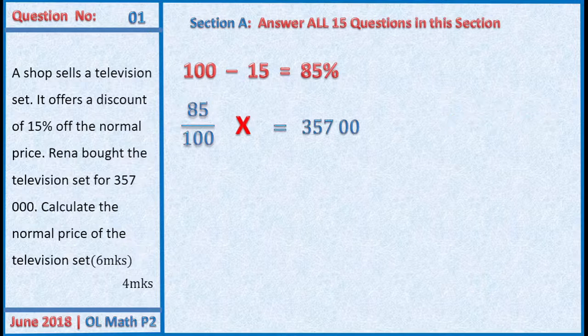357,000. So 85%, that is 85 on 100 of x, equals 357,000. From here we can solve for x, and x will be equal to 357,000 times 100 divided by 85.